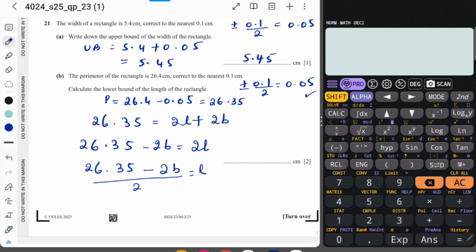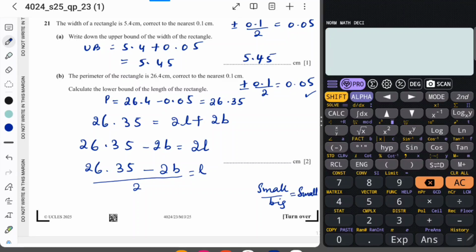So obviously, to get the smaller value, we are going to subtract a bigger number from the perimeter. In division, obviously we need a smaller value divided by the bigger value, which will give us the smaller answer.